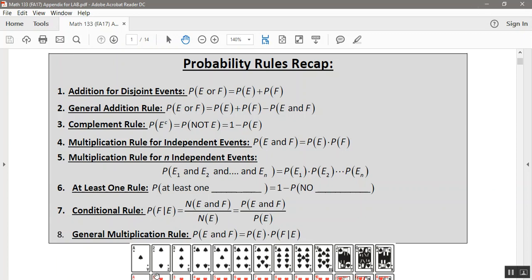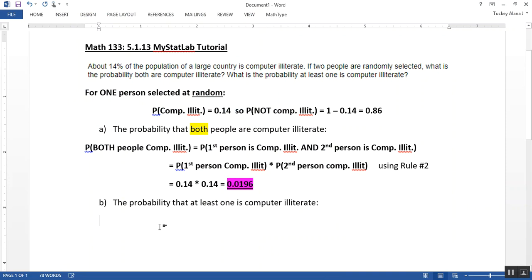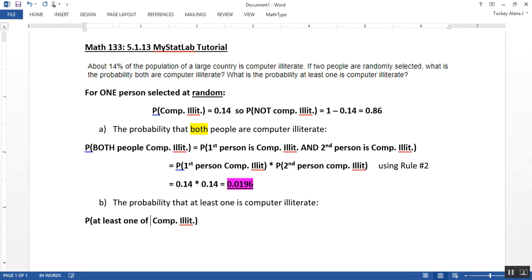But remember, you're talking about two different people. So you have two people, and you want the probability that neither one of them is computer illiterate. So let me write that up. I want the probability of at least one of the two people is computer illiterate.